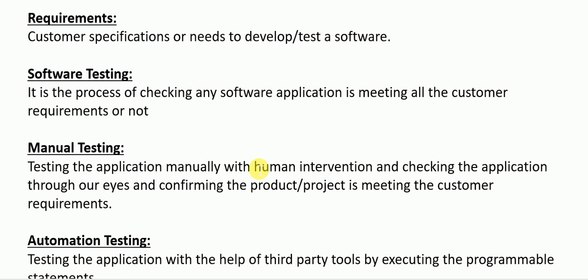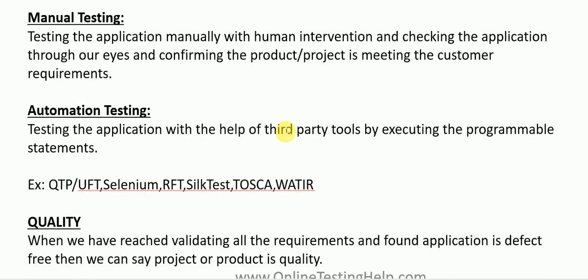Automation testing is to save time for the client. There we take the help of a third-party tool and develop some code which is understandable to the tool. That way we do testing with the help of a tool, that is automation testing.